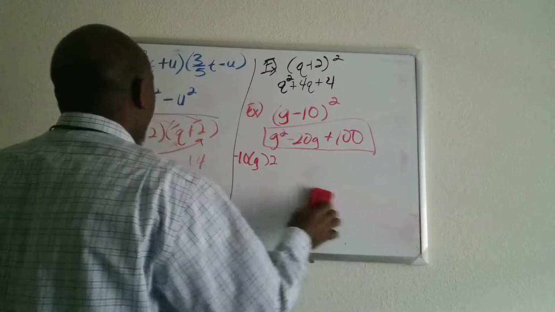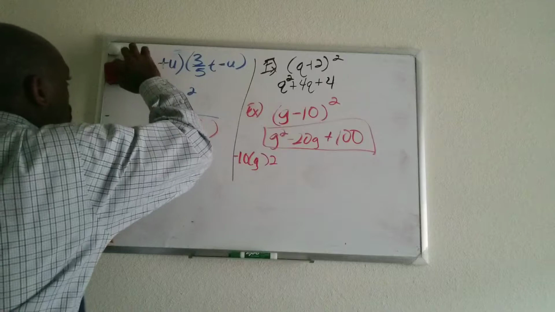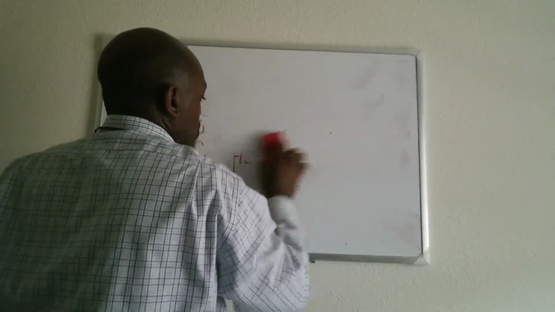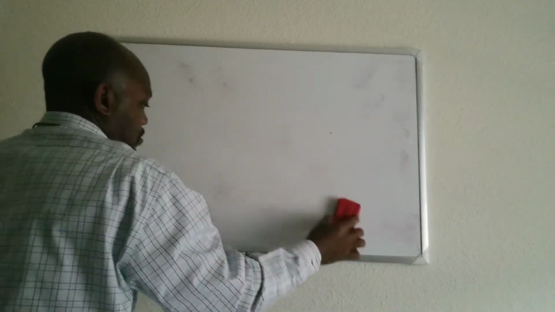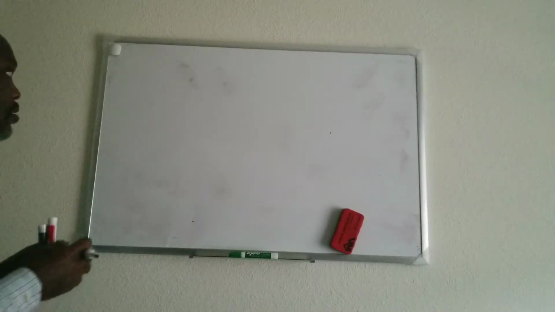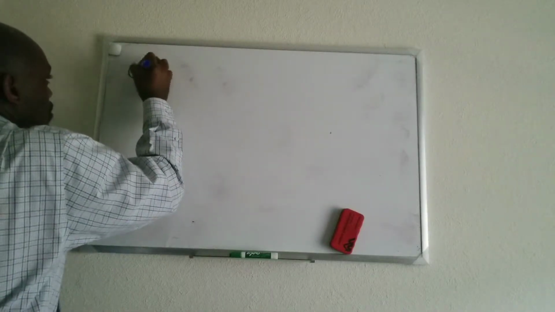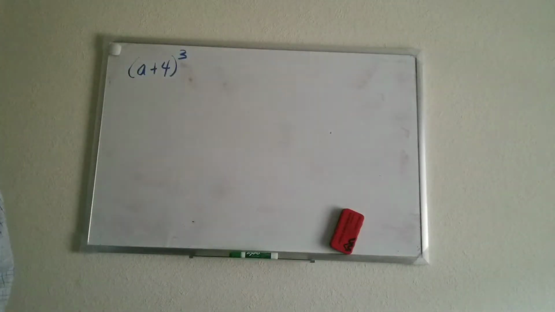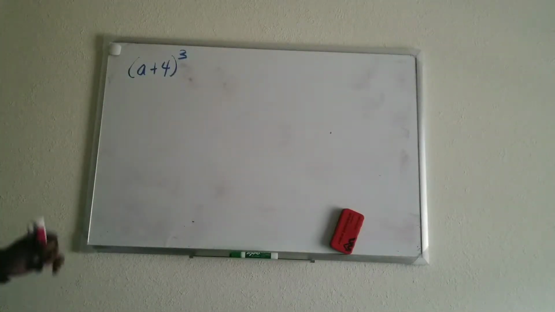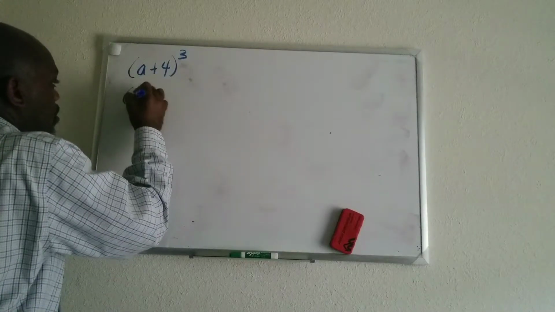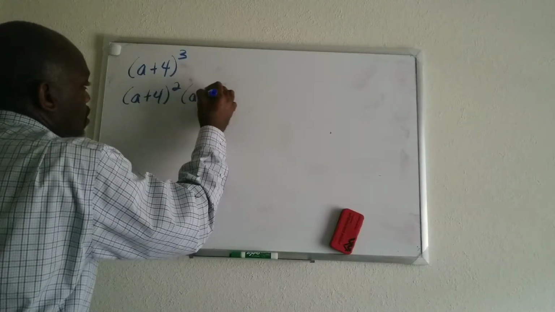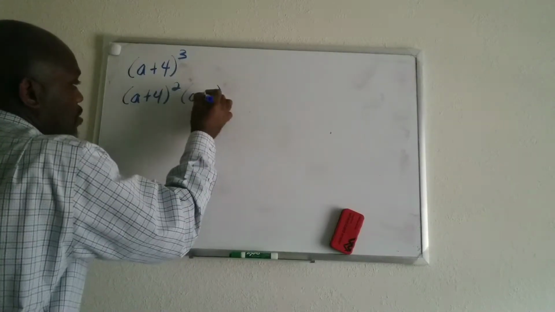Okay, so if we had a larger exponent binomial, we would simply say, okay, now a plus 4 to the second times a plus 4, right?